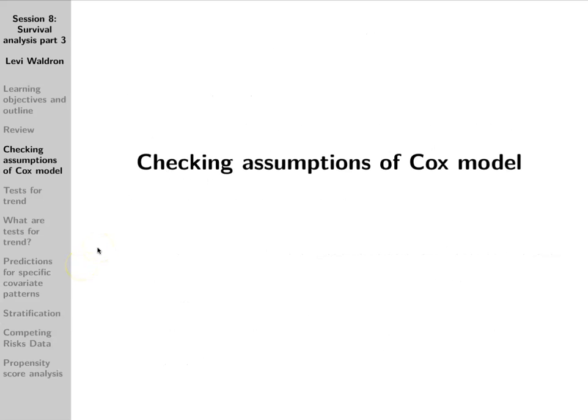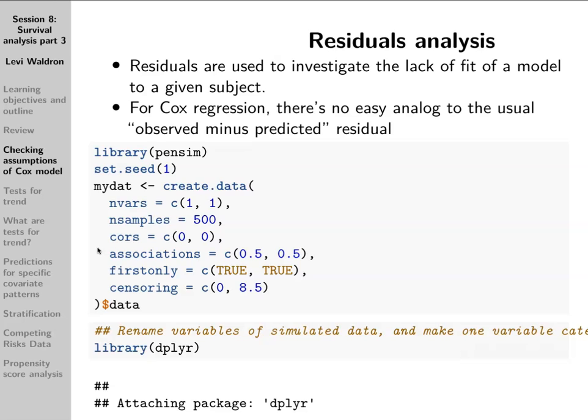All right, so how can we check these assumptions of the Cox proportional hazards model? Well, we can perform residuals analysis, and I'm going to demonstrate that here using a simulated data set. One reason I'm doing this is because Pensim is my own package.